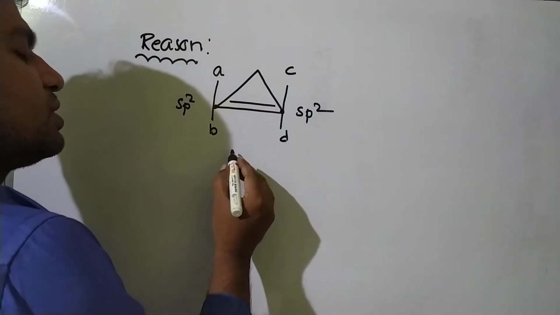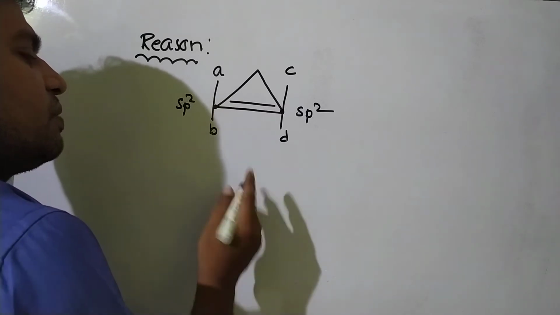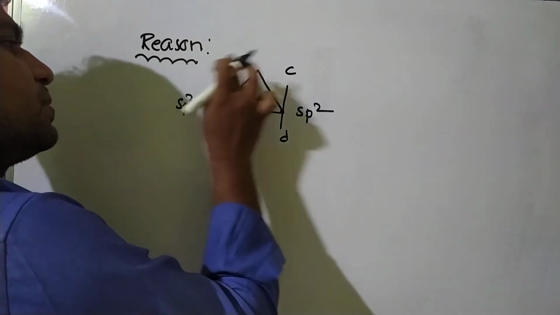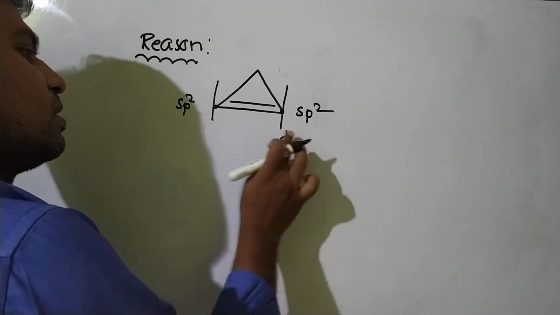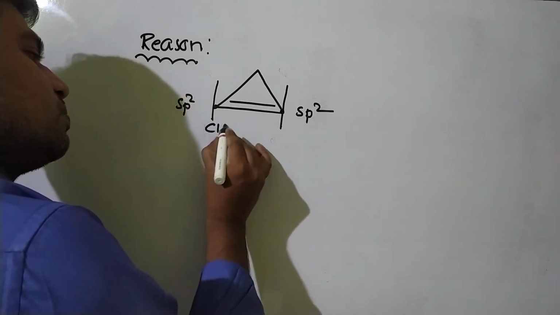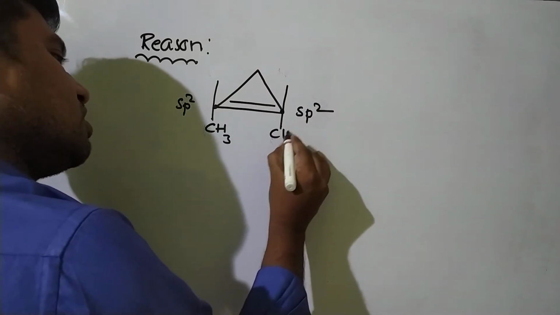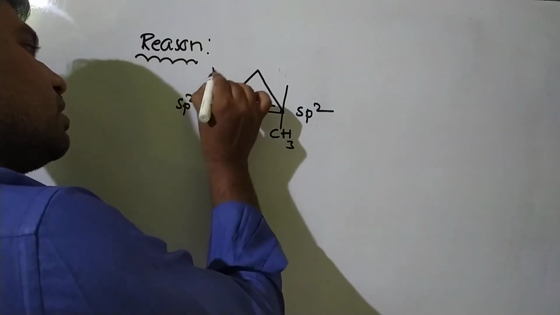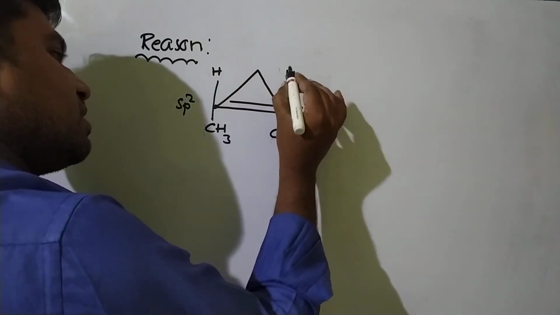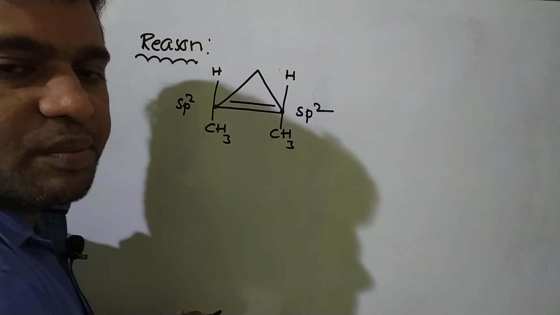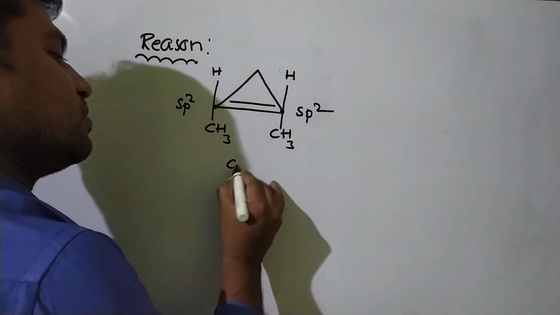Okay. So cis isomer. For example, if we substitute a methyl group here, and this is also a methyl group, and these two are hydrogen atoms, then according to our previous knowledge this is the cis compound.